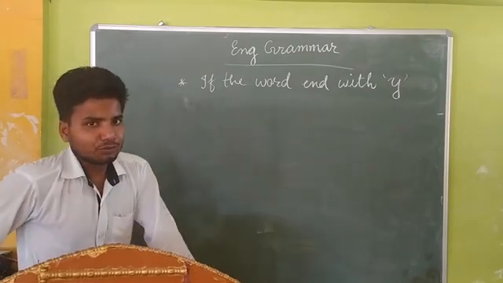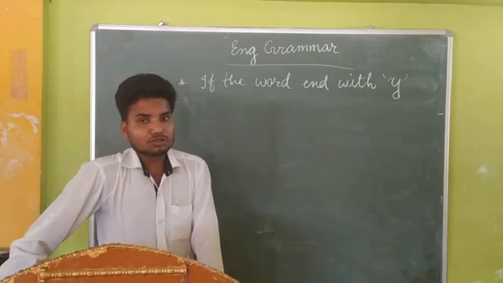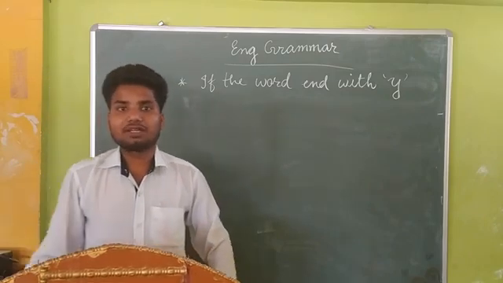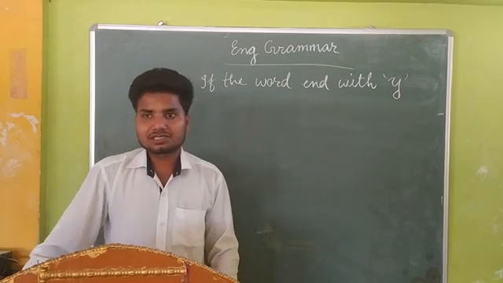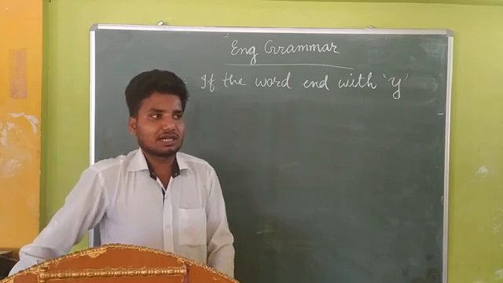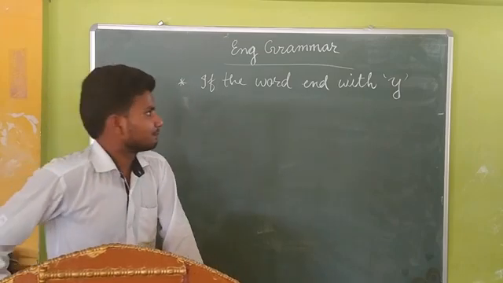If the words end with y, there will be either a vowel or a consonant just before y. Students, you are much aware of vowels and consonants: in the English alphabet there are 5 vowels and the rest of the letters are considered consonants. A, E, I, O, U are vowels.